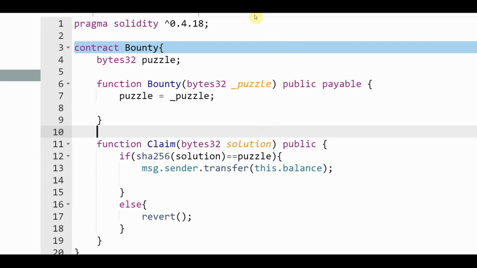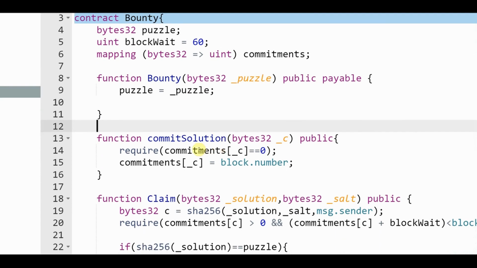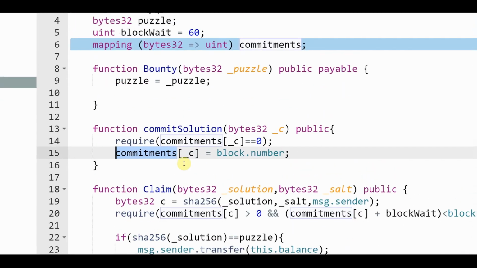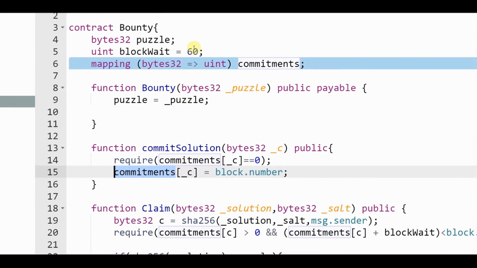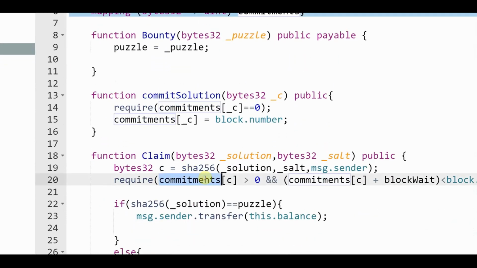And the other solution is with code, with a design pattern called blinded commitments, or commit and reveal. That's when someone who knows the solution will first commit a solution, then after several blocks, for example after 60 blocks, he will reveal the solution itself.